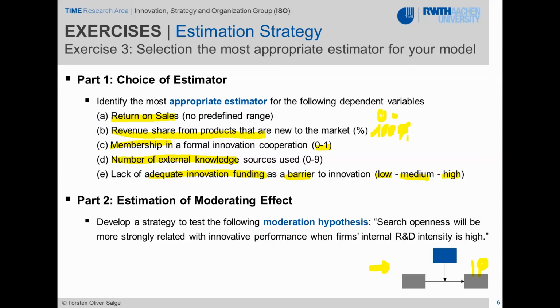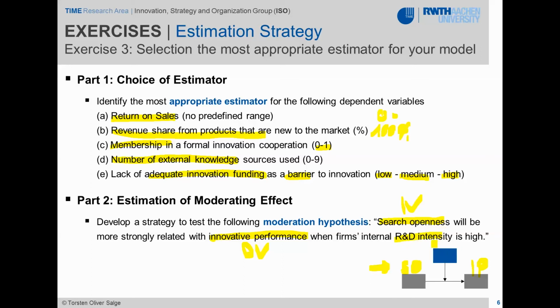Our independent variable, the variable that explains variance in innovative performance, is search openness, right? So this is our dependent variable. This is our independent variable. So here we write down search openness. And then we have our moderator, which is R&D.